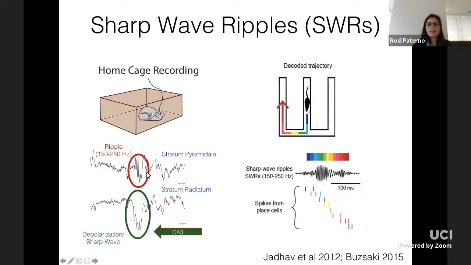The important part about the ripple is that it is a cognitive feature, because it is involved in episodic memory, but also in planning. The reason why it has such an important function is the content of the ripple activity.